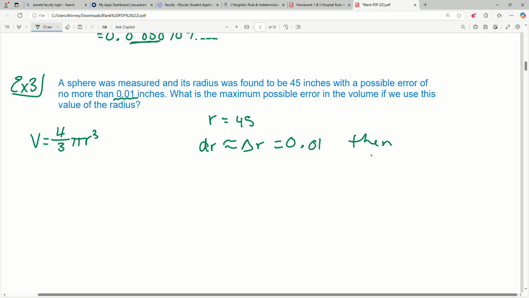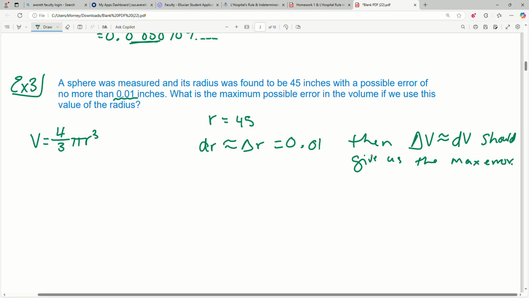Then delta V, the change in the volume, should be approximately, again, we said it's not going to be exact, the dV should give us the maximum error.